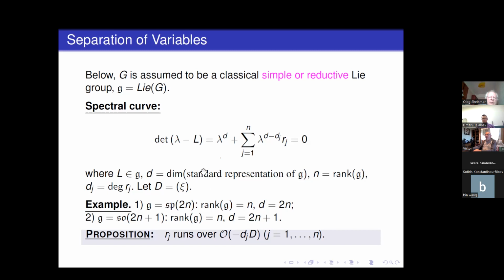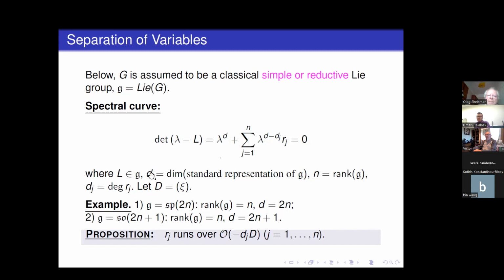Let me write down the spectral curve in such form where L is again a meromorphic function which is G valued, and G is one of the classicals, either GLN or some orthogonal or symplectic Lie algebra.